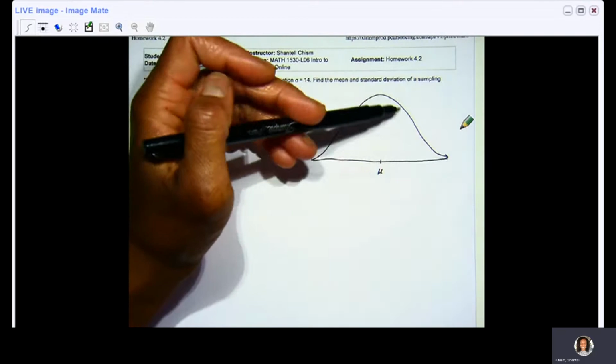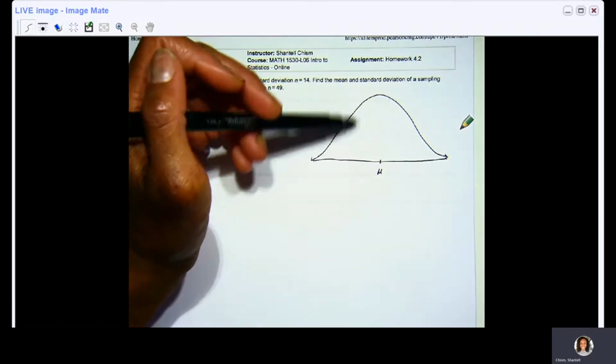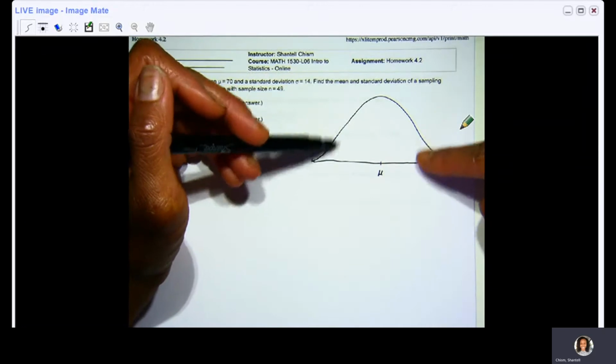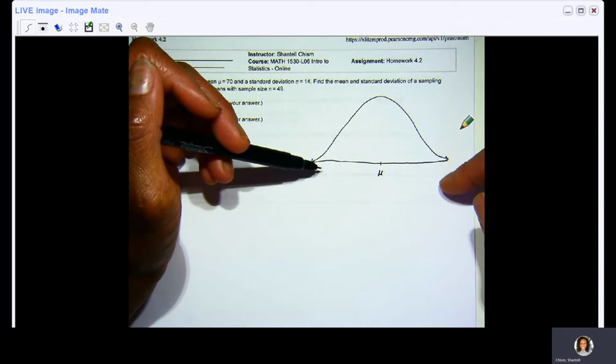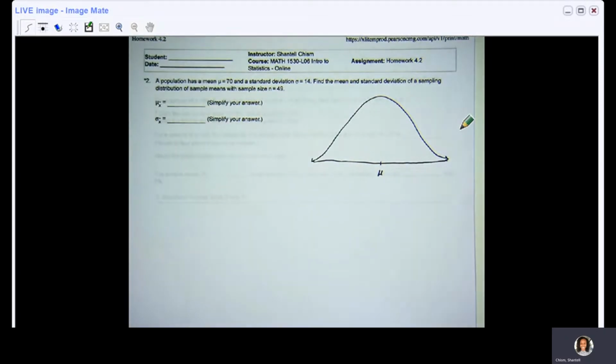More than half of your data will lie within one standard deviation of the mean, one below, one above. Almost all lies within two, and just about all, 99.3%, lies within three deviations. So suppose this entire curve represents your population, and it's normally distributed.